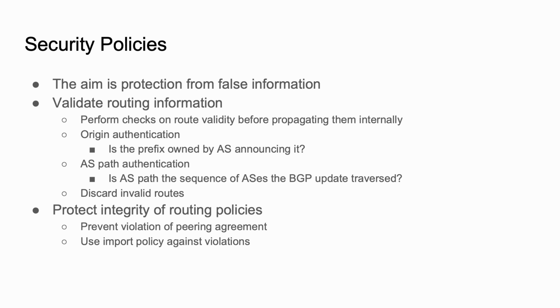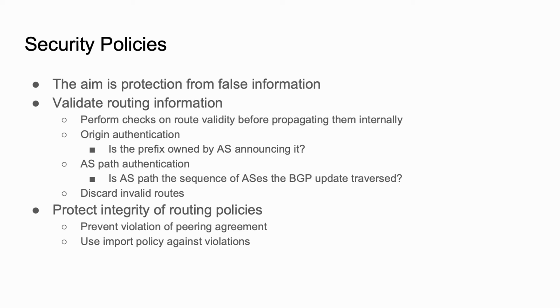Next, we have some security policies that try to avoid and deal with malicious attacks and false information in the network. First, ISPs enforce import filtering policies to discard invalid routes. The ISPs perform checks to ensure updates are valid before propagating them internally. As an example, advertisements from customers for prefixes they do not own should not be propagated.